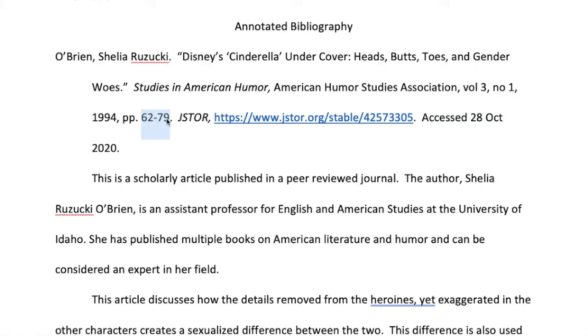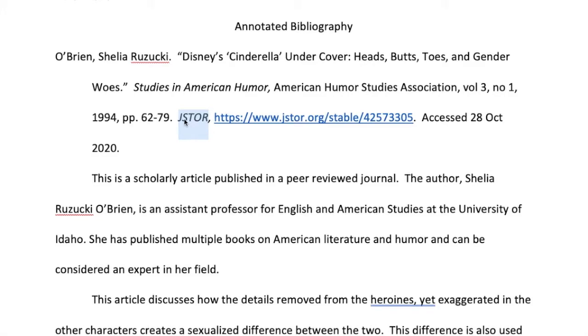Now, because I got this from a database, I got this from JSTOR, which I mentioned last week. You may be using the library database in order to do the research, and so then it's going to be through the library database, as I showed you in the video about finding peer-reviewed sources. So here you have a second container, so the title of the website or the database where you found and got access to this particular article, because you didn't go out and buy this journal.